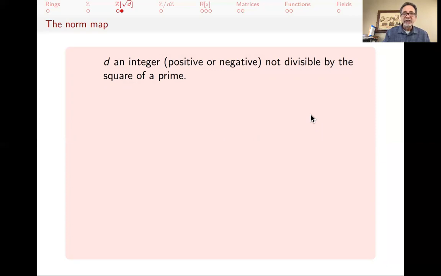So again, d is an integer, positive or negative, that's not divisible by the square of a prime. And again, Z joined square root of d is a plus b square root of d, such that a and b are in Z. I say Z joined square root of d because the way I'm thinking of this is that I started with the integers, and then I have this square root of d, and I want a ring that contains the integers and square root of d, and that's the smallest ring that will do that.